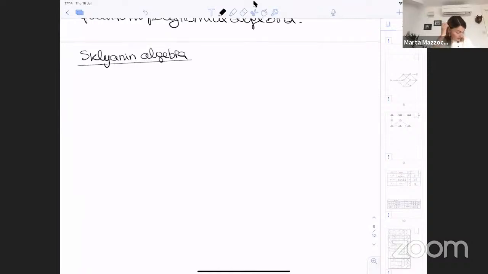So this is the algebra. Again, I denote the quantum polynomial algebra with the triangle brackets.